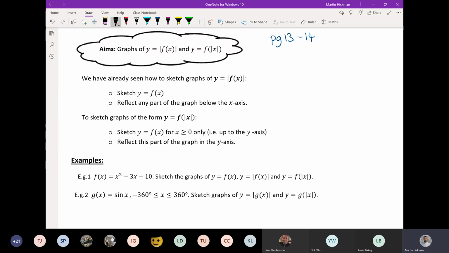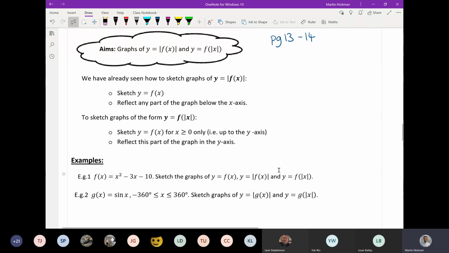When you put in -2, you now put in +2. So what you do is reflect what you've drawn to the right of the y-axis in the y-axis. You draw your x greater than or equal to 0 part, and then reflect it in the y-axis, because x is 1 has the same y value as x is -1. X is 2 has the same y value as x is -2 when you take the modulus of it.